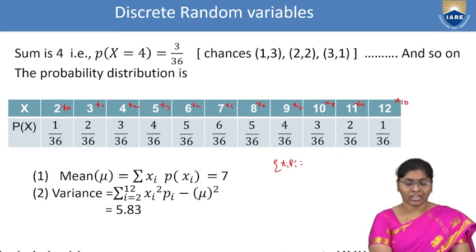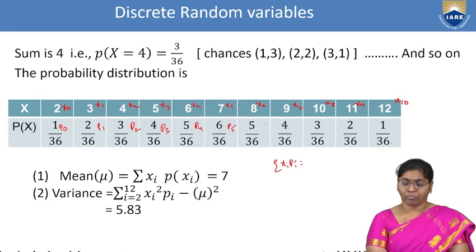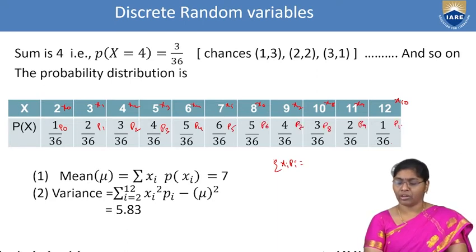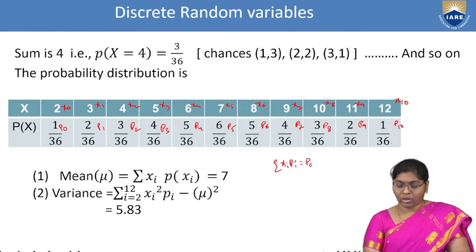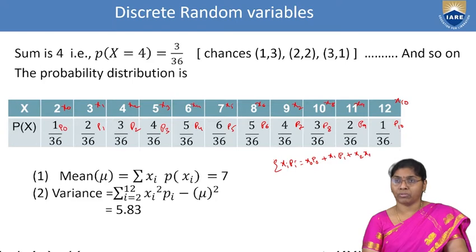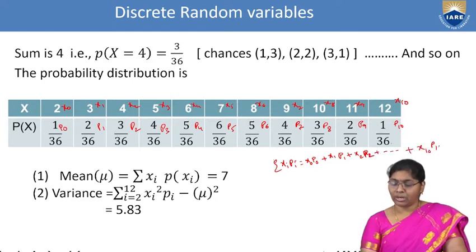Similarly, the arrangement of probability: P naught, P1, P2, P3, P4, P5, P6, P7, P8, P9 and finally P10. Now the sum is X0 P0 plus X1 P1 plus X2 P2 plus so on up to X10 P10.